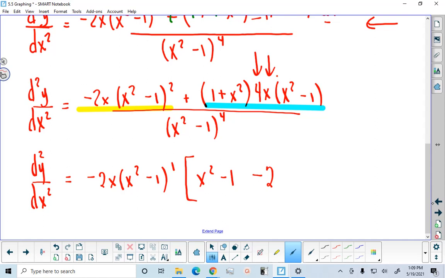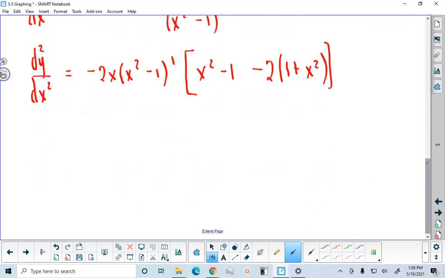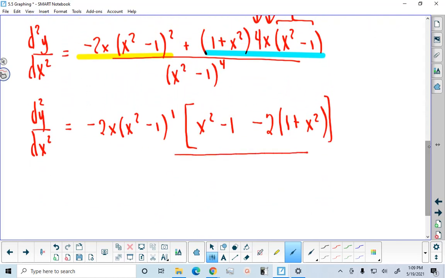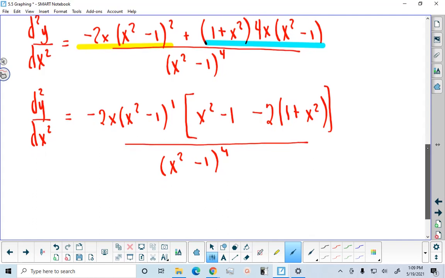I took this whole thing out, so I'm left with this. And now it's over x squared minus 1 to the 4. Again, I'm going to pause there for a breath and let you double check the work from the top line of your screen to the next line.